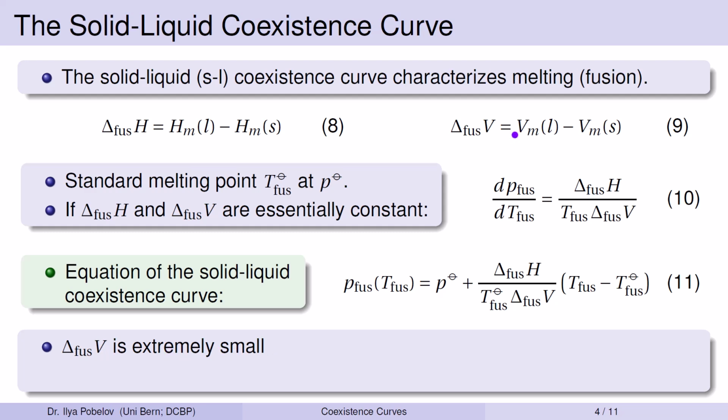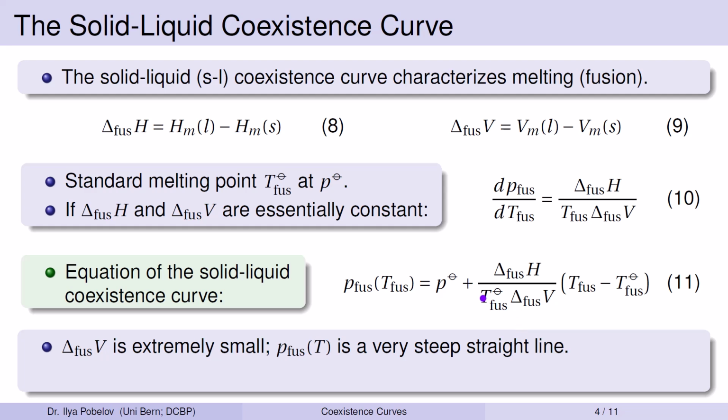We have already mentioned on a few occasions that the molar volumes of condensed phases are in general small quantities. The differences between these small positive quantities are even smaller quantities. Consequently, the solid-liquid coexistence curve is a very steep straight line in a phase diagram.